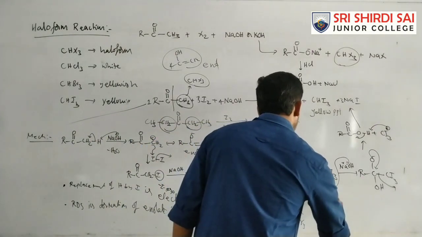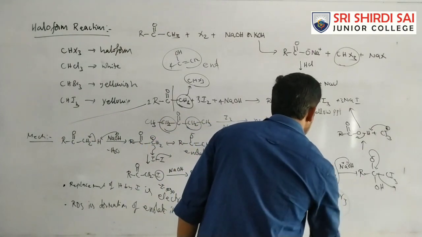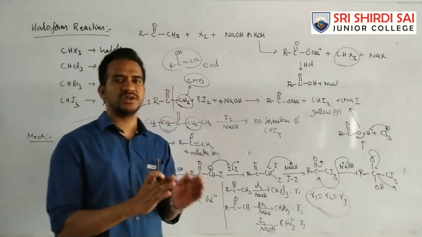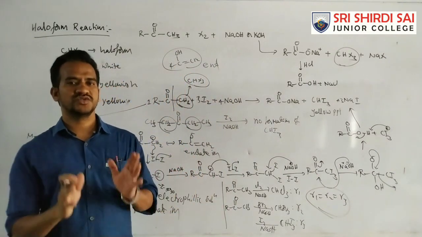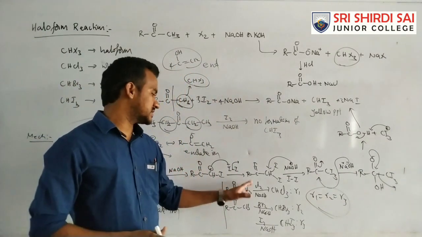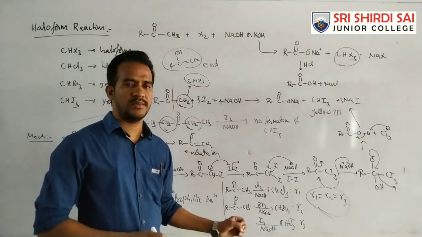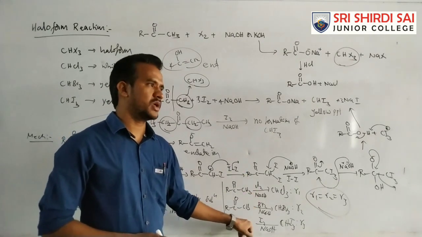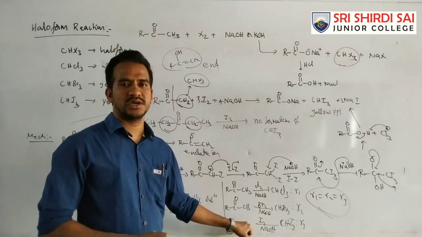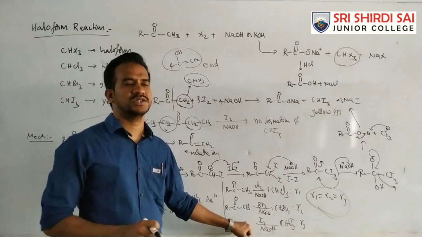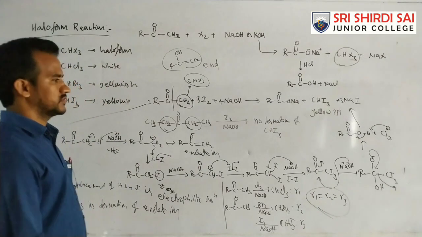That means R1 equals R2 equals R3. It's a very important point. The enolate is the same in these three reactions but the halogen is different. Even though different halogens are taken, there is no change in the rate of reaction.